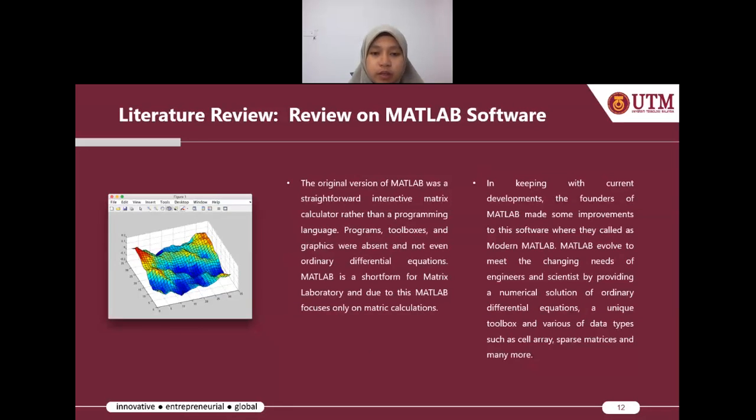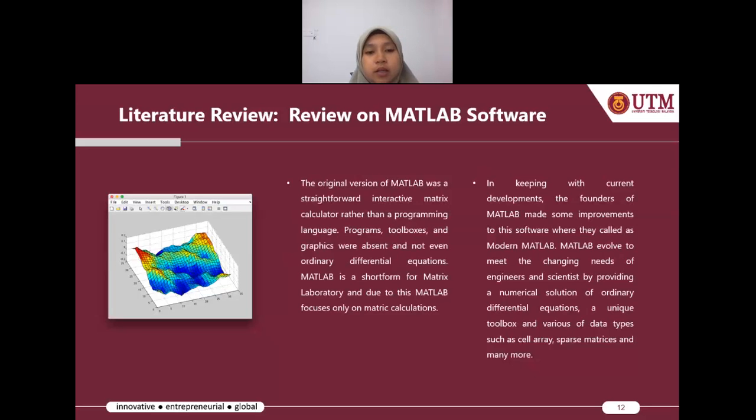In this chapter, we will also review MATLAB software. MATLAB is the short form of Matrix Laboratory, and due to this, MATLAB originally focused only on matrix calculation. The original version of MATLAB was a straightforward interactive matrix calculator rather than a programming language.